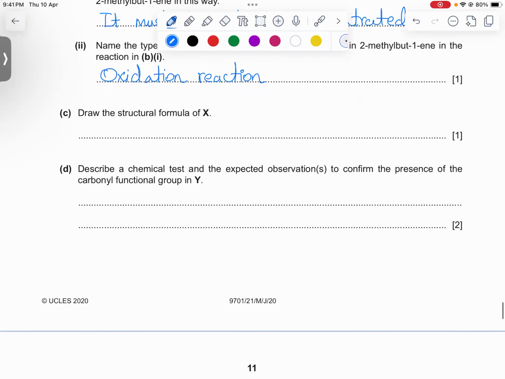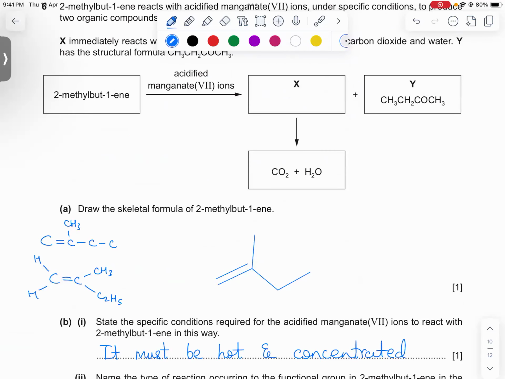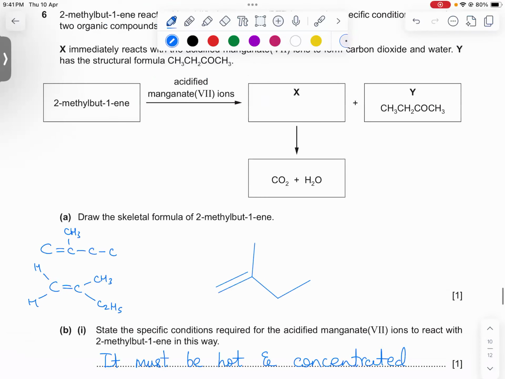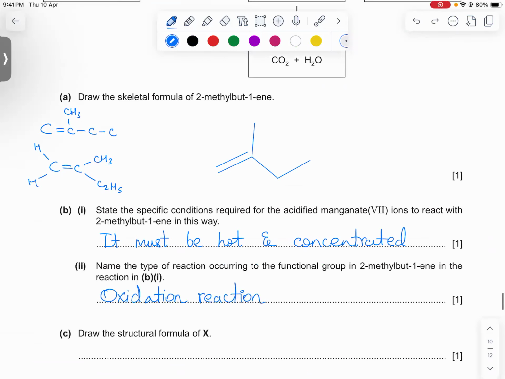Next question, draw the structural formula of X. We have to draw the structural formula of X. Okay, so X is formed before carbon dioxide and water. And before carbon dioxide and water, if we just combine these things, this actually is formed from a carboxylic acid intermediate, right?